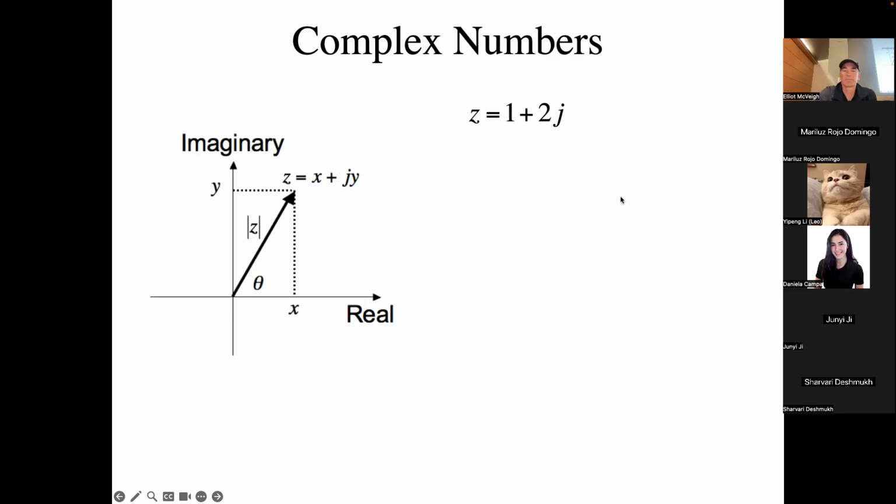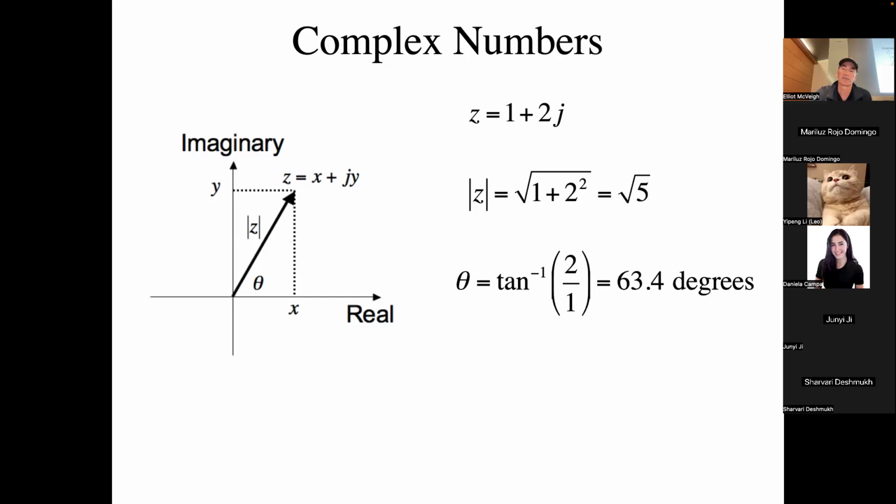These are used throughout signal processing because it's very useful in looking at things that are dependent on phase, because you have these phasors. Here the amplitude of this is just the Pythagorean amplitude, √5, and the phase angle is the arctan of the ratio of y over x.